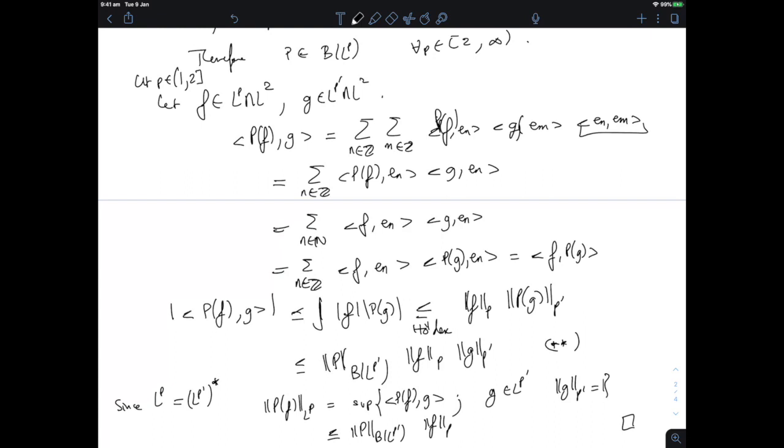Sometimes, like in the case here, you don't have good endpoint bounds for p equal 1 or p equal infinity. The question about what happens to this capital P, the Riesz projection, at the endpoints, little p equal 1 and little p equal infinity, is much harder. This gets you into the theory of Hardy spaces.